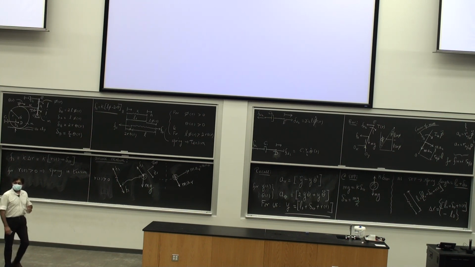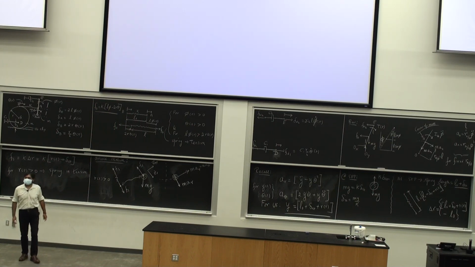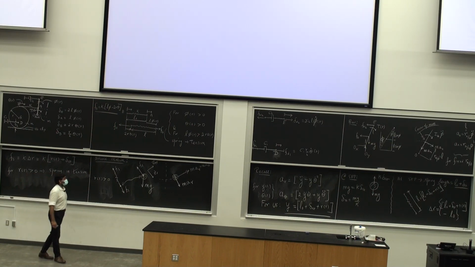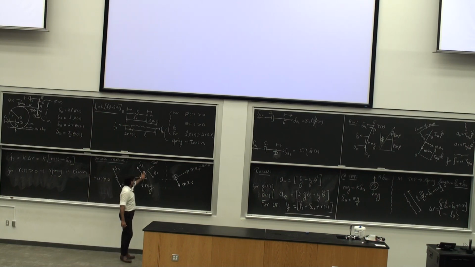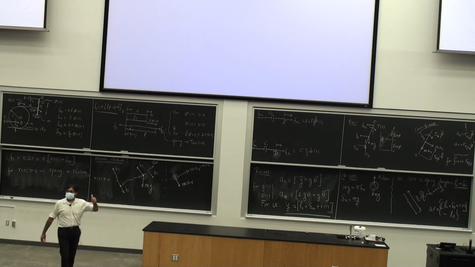What I want you to do as an in-class quiz, this is your second in-class quiz, is by Friday obtain the equations of motion for this springy pendulum, assuming small motion. Okay?